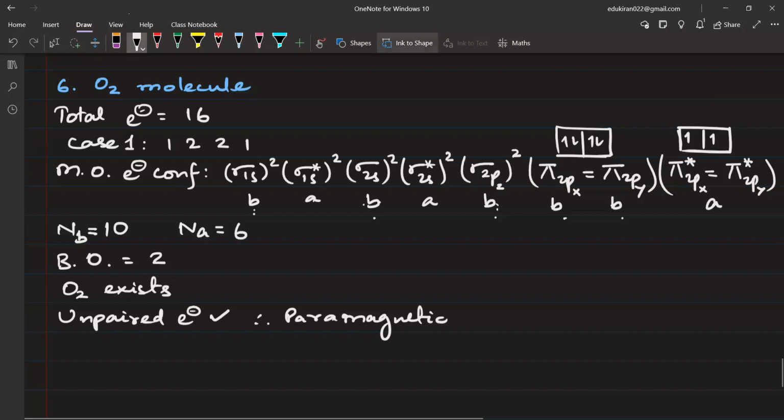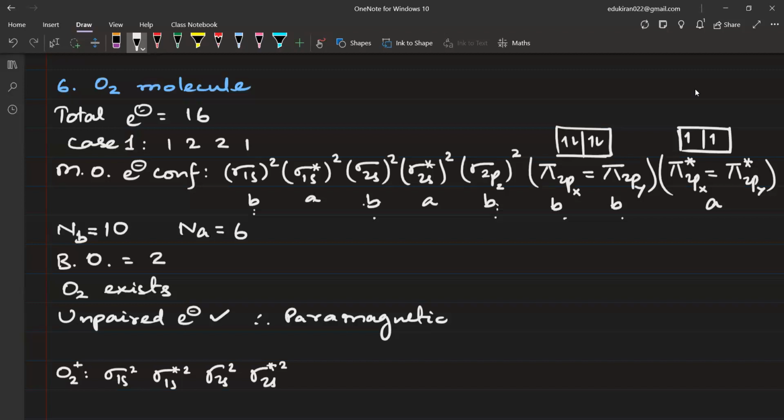When we have total number of electrons, that is 15. Total number of electrons कितने हो जाएंगे? 15. In O2 positive, we are dealing the case of what? O2 positive. So again, everything will be same. Sigma 1s2, sigma star 1s2, sigma 2s2, sigma star 2s2, correct? After that, we'll have sigma 2pz2.